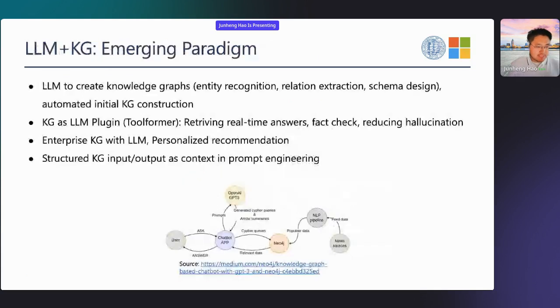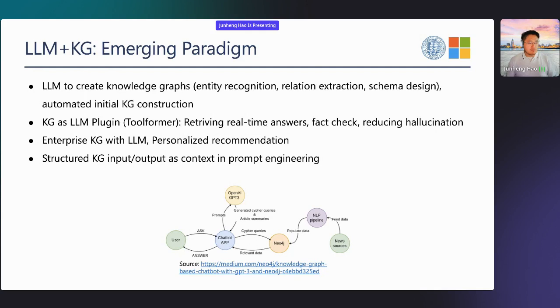As the last slide in my session, I want to point out that, beyond ontology or a specific knowledge graph, the large language model can actually play some new roles. First, the initial knowledge graph construction can be fully automated by a large language model, or the knowledge graph can be a large language model plugin or tool to help retrieve real-time answers, fact check, or reduce hallucination.